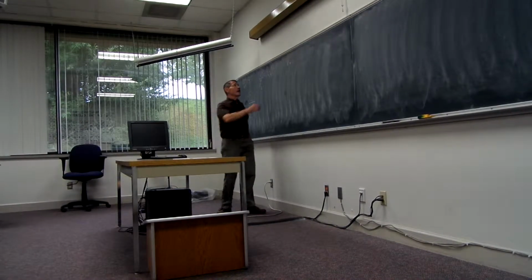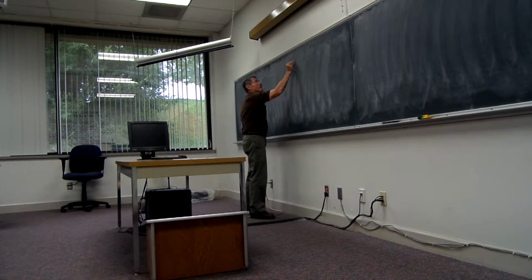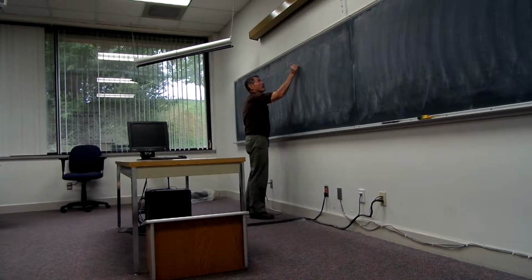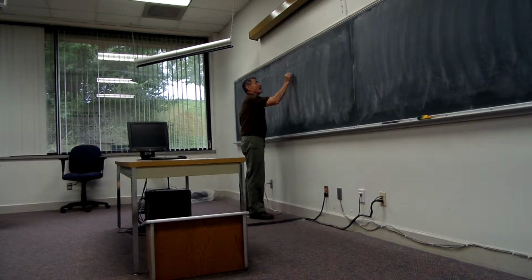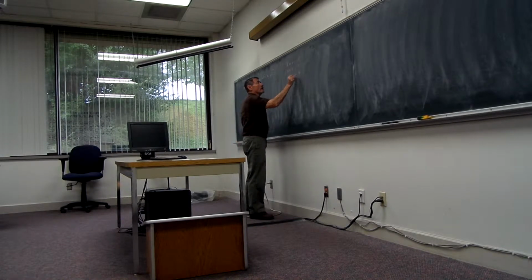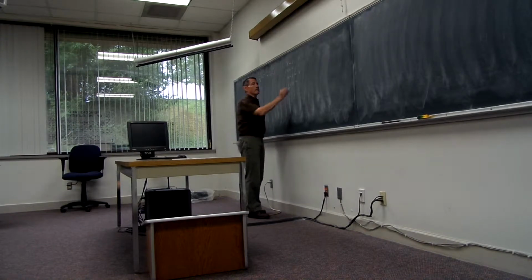Just 1. If you had x OR 0, that's equal to what? Yes. Okay. If you have x ANDed with 1, that's what? x. If you have x ANDed with 0, that's going to be 0. All right.